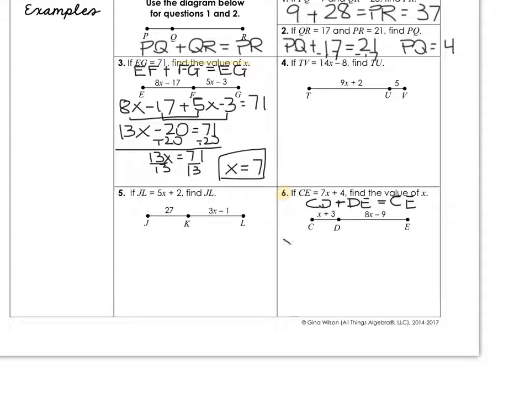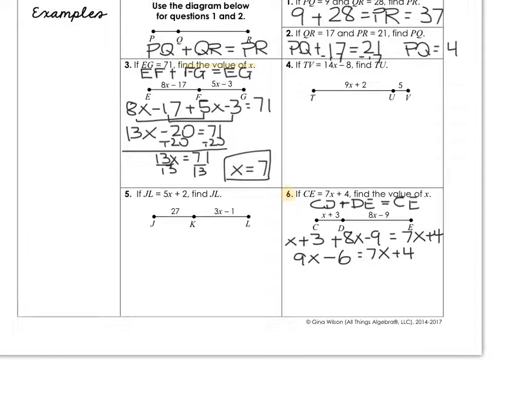Substitute in x plus 3 in place of CD, 8x minus 9 in place of DE, and just so happens we have an expression for CE this time. Combine. 3 plus negative 9 is negative 6. Subtract 7x from both sides.